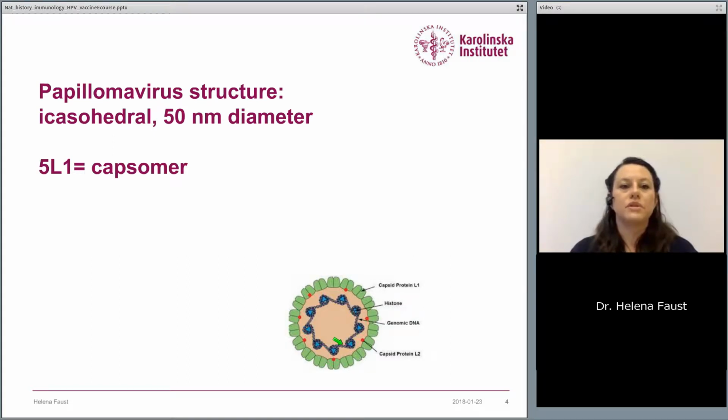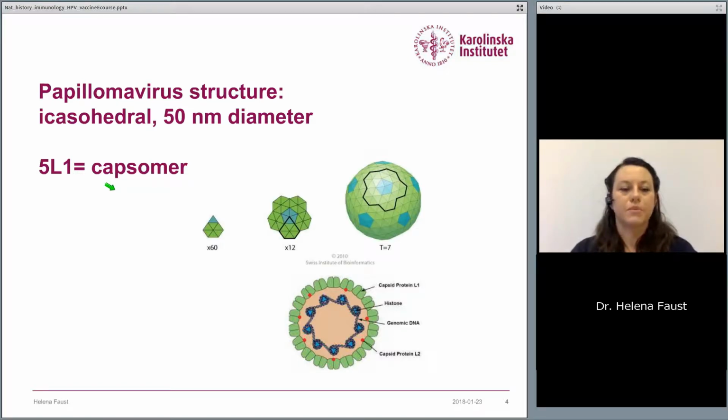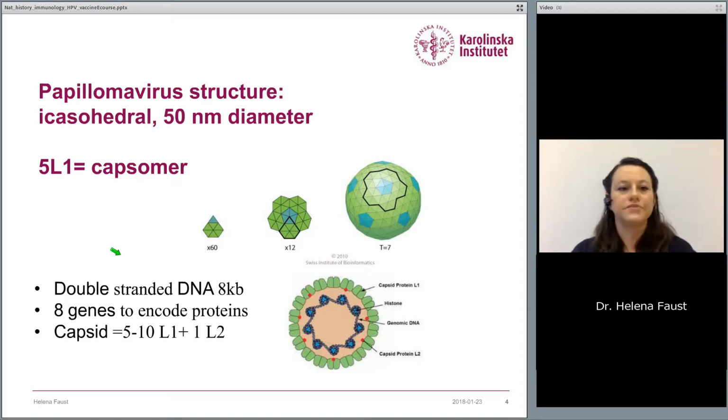The papillomavirus structure is icosahedral. It has a diameter of 50 nanometers. Five L1 molecules make up a capsomere. That means this one here is a capsomere. If they gather together, it forms a spheric, ball-like structure.